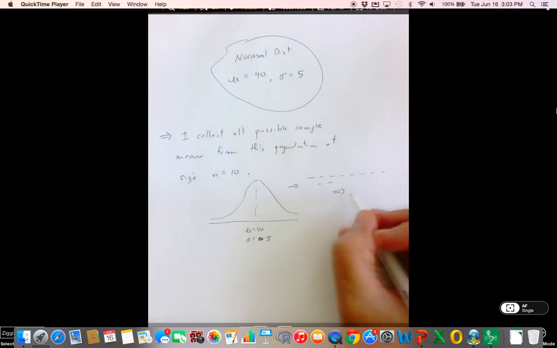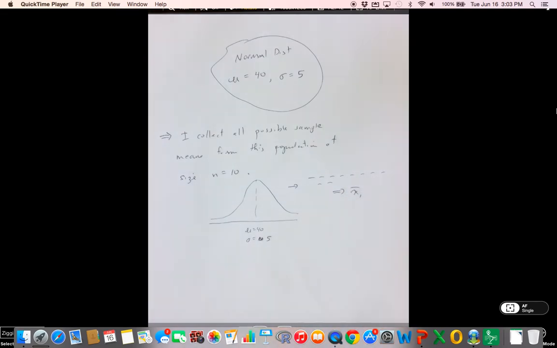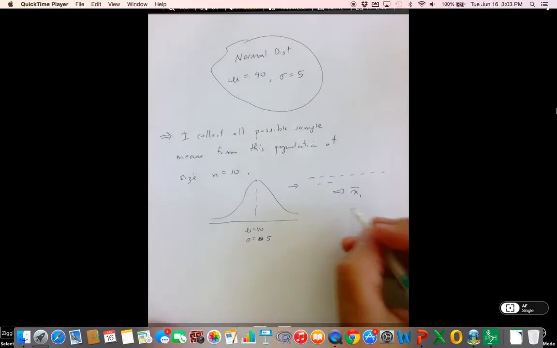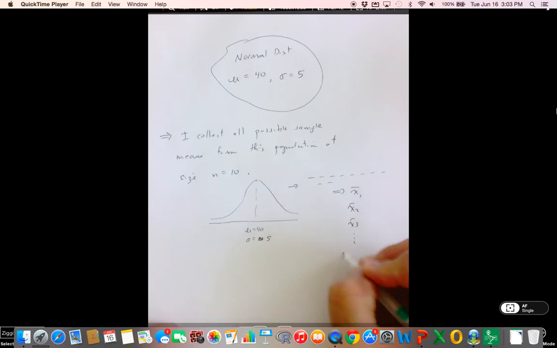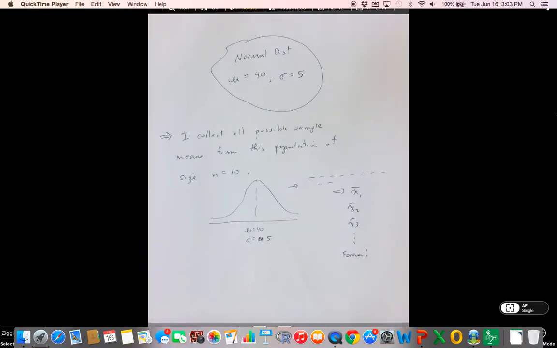I add them all up. I divide by 10, I get the first sample mean. I do that again. I do it again. I do it, in theory, forever. What have I got? Well, I've got a bunch of sample means that I call the distribution of sample means.